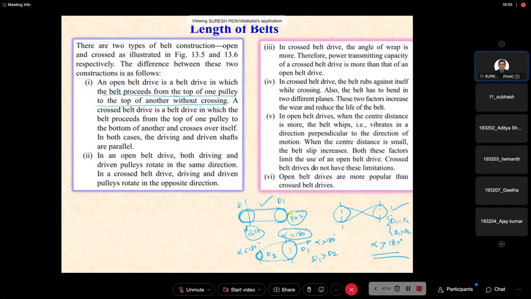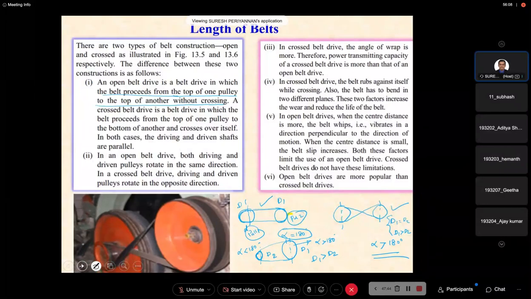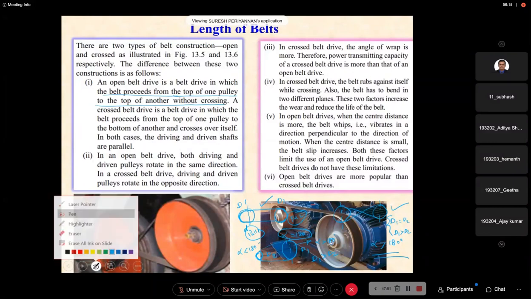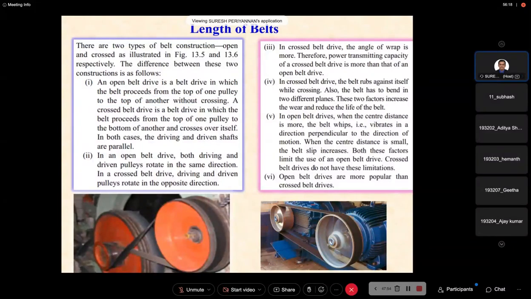One more thing. In an open belt, when the center distance is more, the belt will vibrate. The vibrations are perpendicular to the direction of motion.